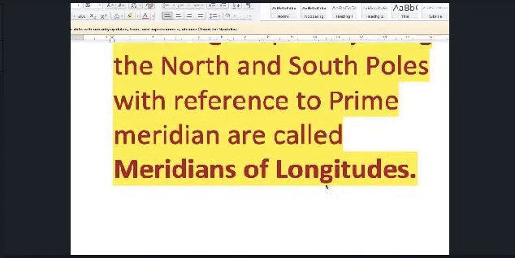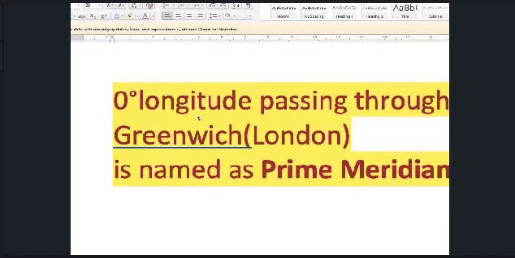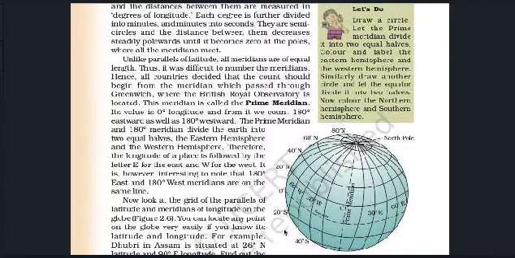What is the prime meridian? The 0 degree longitude passing through Greenwich is named the prime meridian. Just like in latitude we assume 0 degree is the equator, here the 0 degree longitude is called the prime meridian, and it passes through Greenwich, in London.